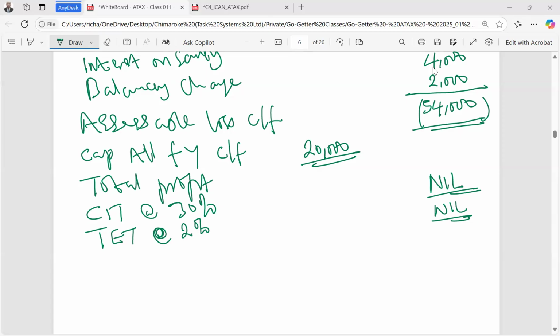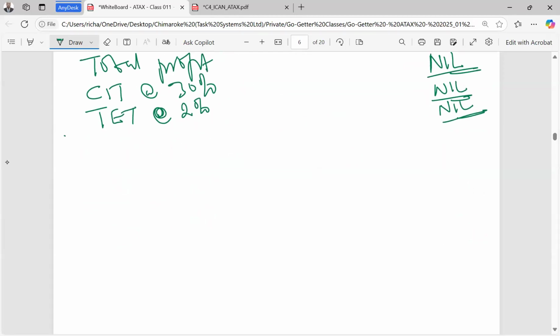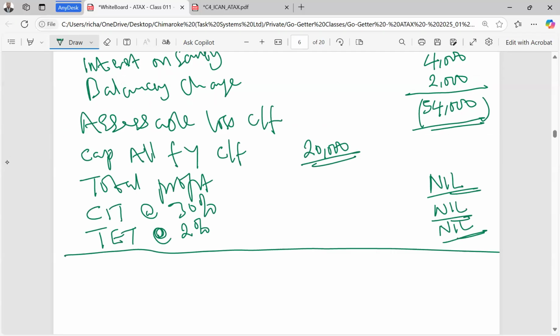Your tertiary education tax is also going to be nil. So as a rule, whenever you are calculating CIT, also be calculating tertiary education tax because both of them are filed the same period.